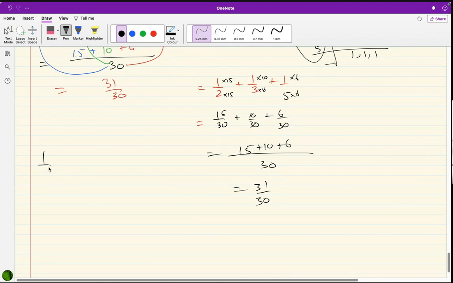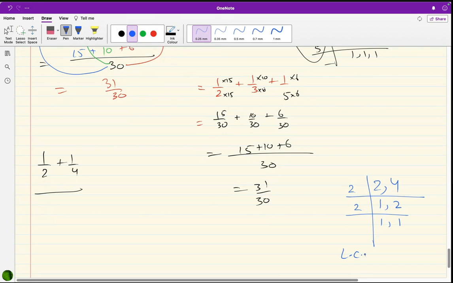What is the LCM of 1 by 2 and 1 by 4? What would be the LCM of 2 and 4? This is 2, this is 4. 2 ones are 2, 2 twos are 4.